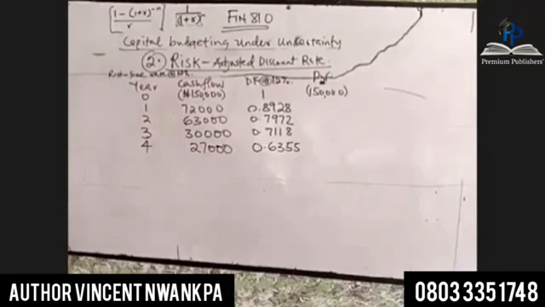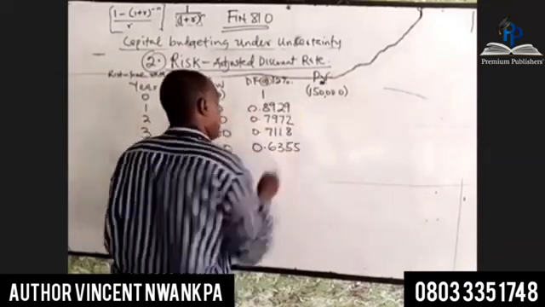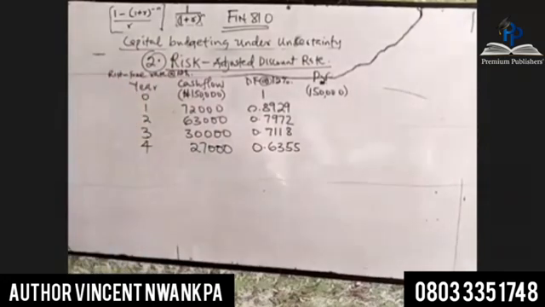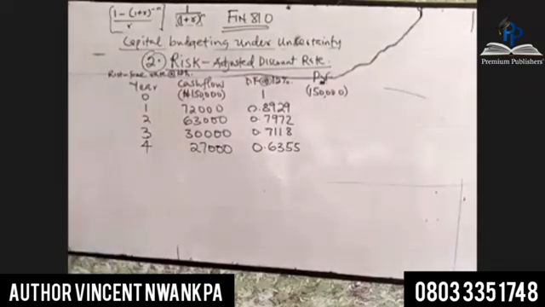Okay, 0.8929, you are correct. Is it clear? So we multiply. I hope it's 150,000, yes.